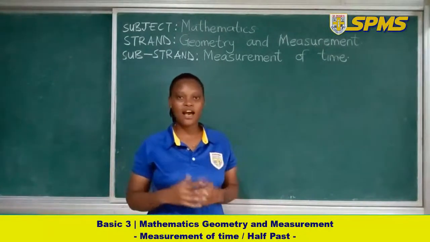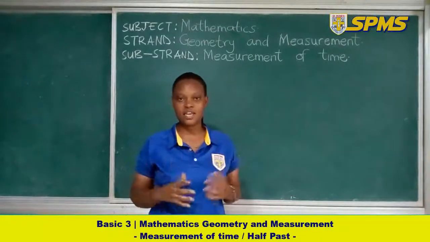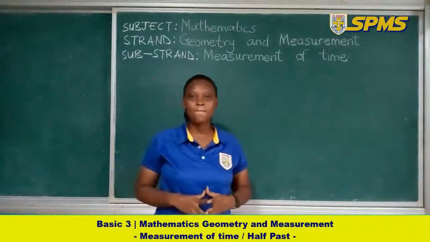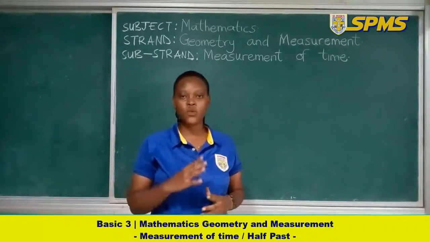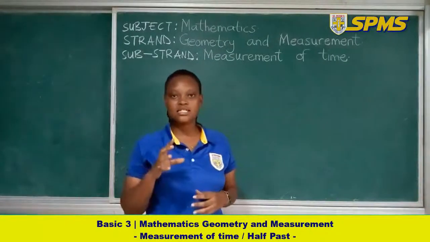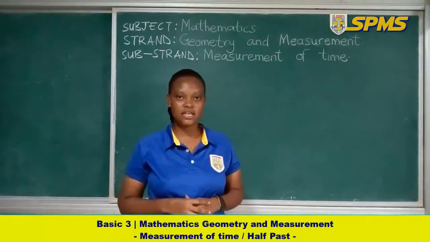We have the hour hand, the minute hand, and then the second hand. When the second hand makes a complete journey from 12 back to 12, it gives us 60 seconds.